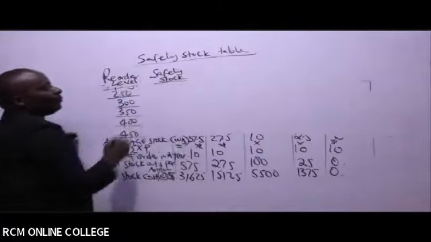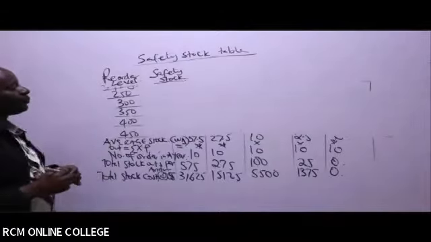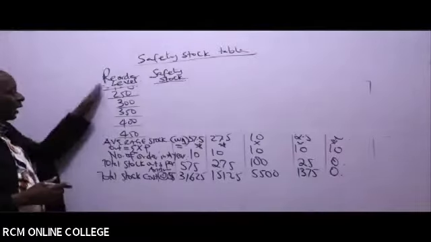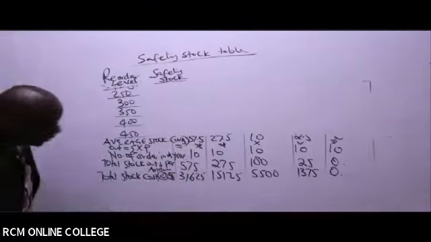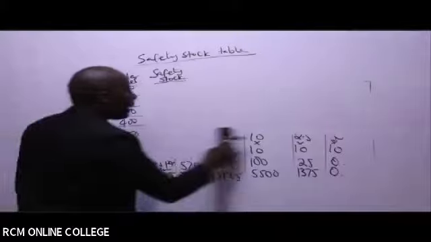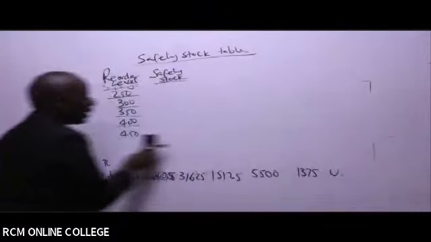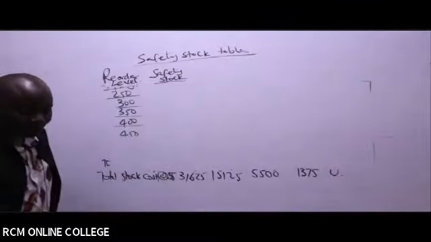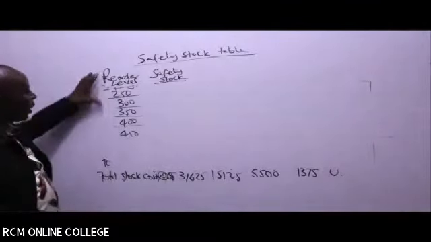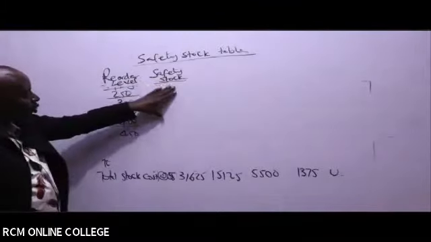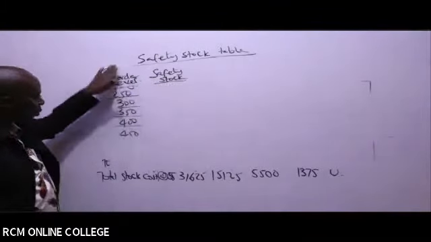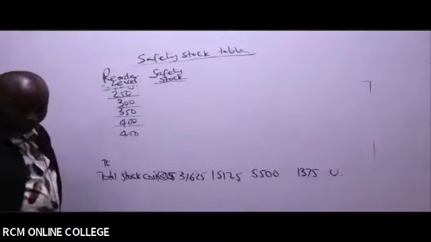You're only writing up to 450, and then I'll be able to explain something. In 3 minutes, ladies and gentlemen, we should be out of this class. Once you finish writing this, reorder level versus safety stock, I will explain.